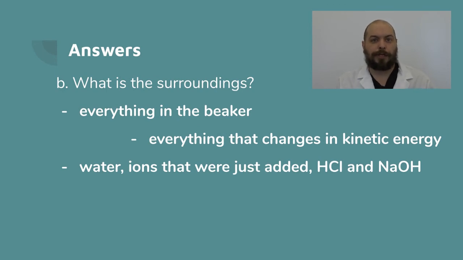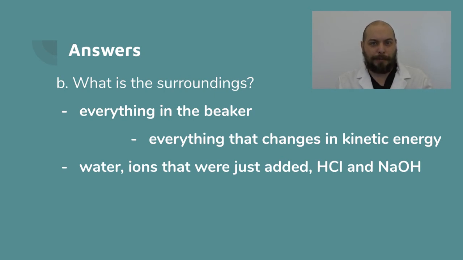Now, this is tricky because, believe it or not, the surroundings, if you remember, being anything that changes kinetic energy, well, that involves everything in the beaker. And the beaker includes both the water, but also all those ions that we just added. So even though we look at those ions and the water molecules as the system, they, as a system, are also going to be changing in their kinetic energy.